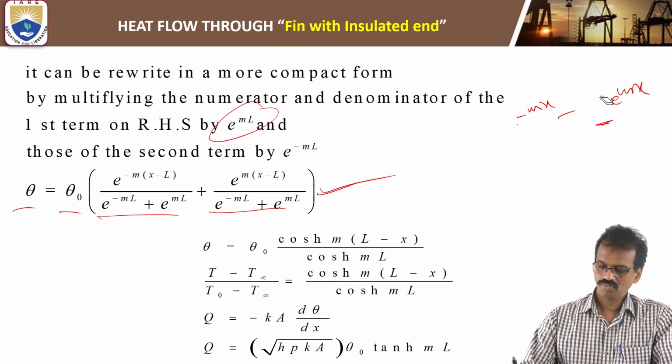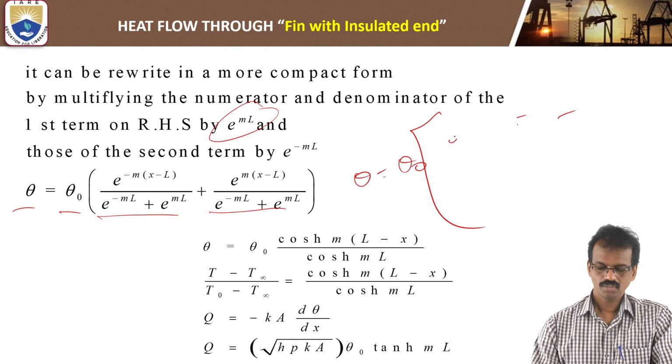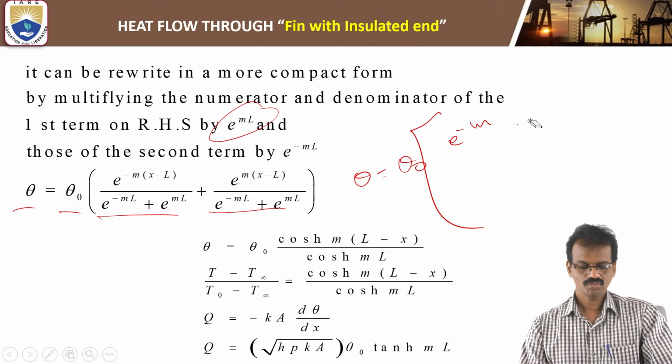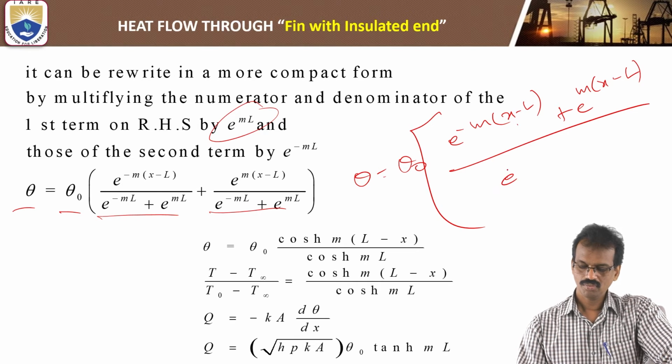It means the formula will be like this: theta is equal to theta naught into e to the power of minus m into x minus l plus e to the power of m into x minus l, divided by e to the power of minus ml plus e to the power of ml. Okay, so this is the formula.